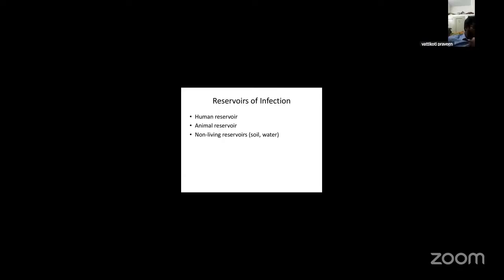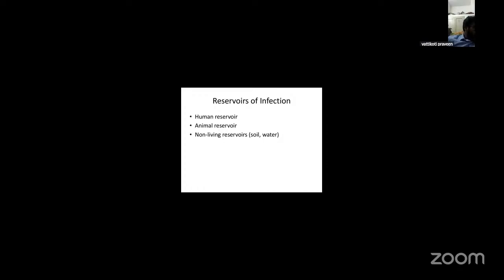A carrier is any infected person or animal that harbors a specific infectious agent in the absence of discernible clinical disease and serves as a potential source of infection for others.